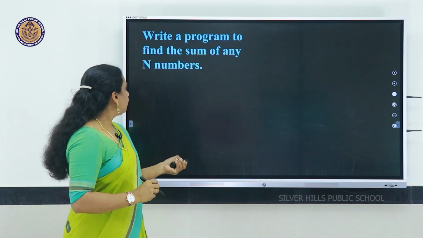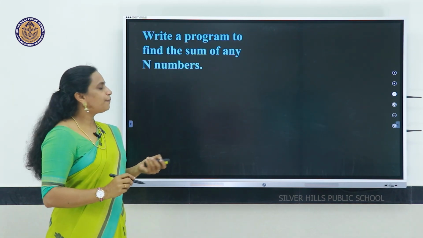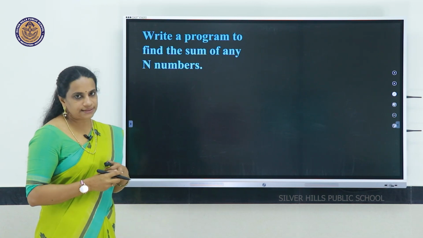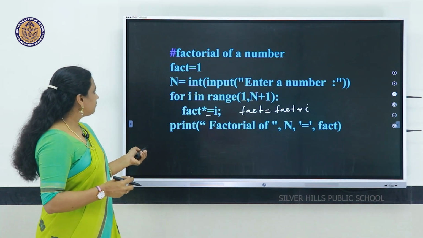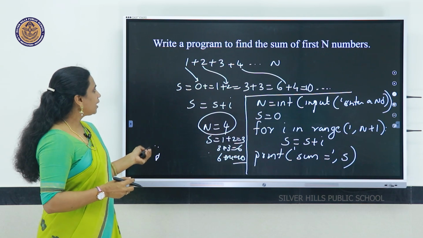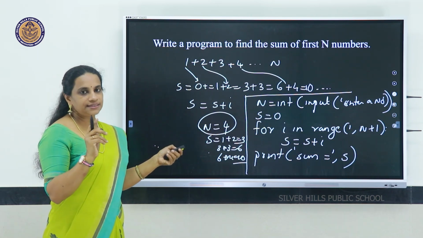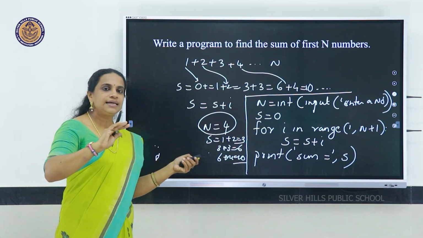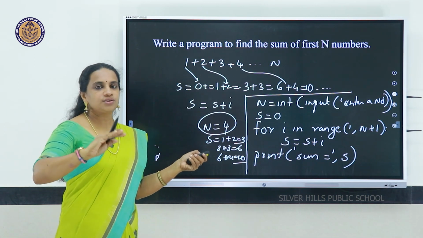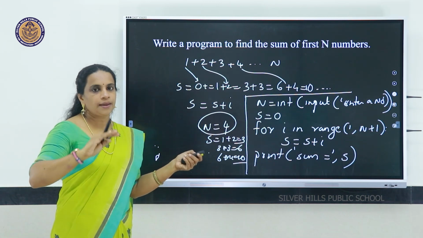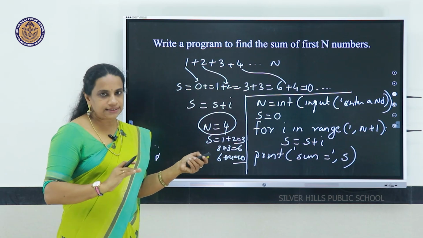Now, write a program to find the sum of any n numbers. The previous question was write a program to find the sum of the first n numbers. First n numbers means there is a sequential order: 1, 2, 3, 4 etc. up to 20, or 1, 2, 3, 4 etc. up to 100.